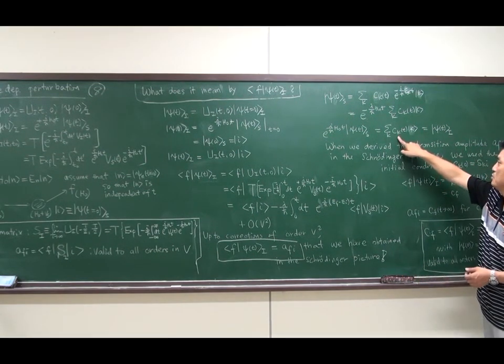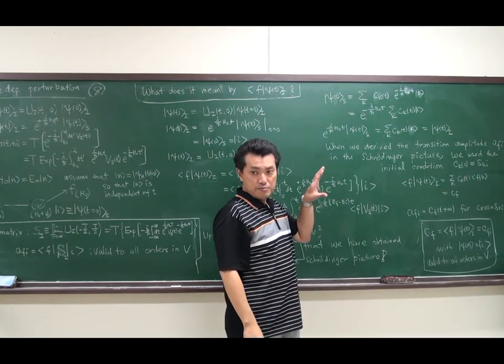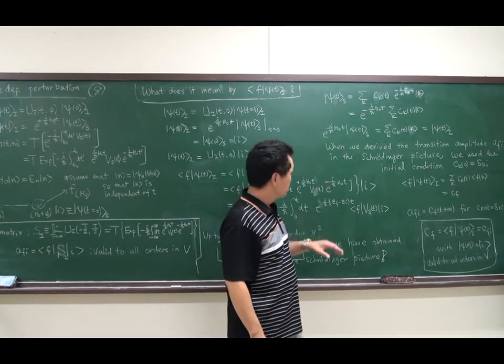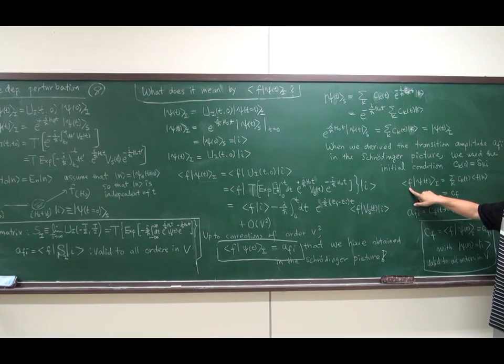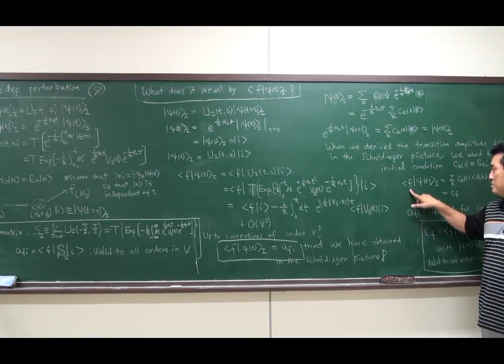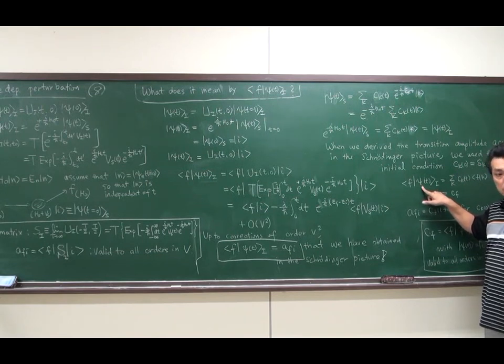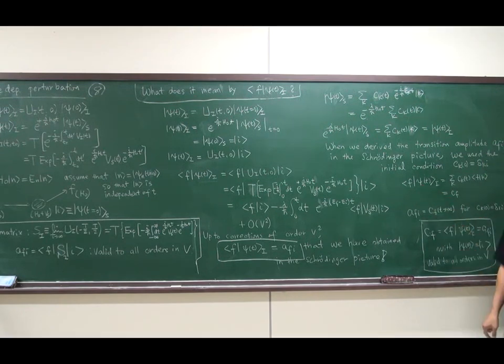So if I want to compute c_f, what I have to do is just multiply by the bra of the f state, the final state. Then what I get is just c_f. So by definition, f multiplied to the state in the interaction picture at time t goes to infinity is actually the transition amplitude.